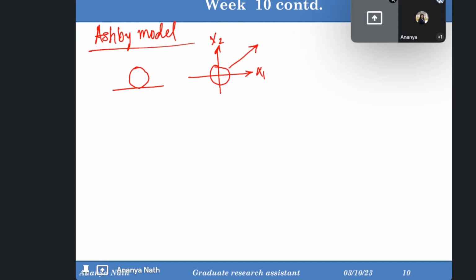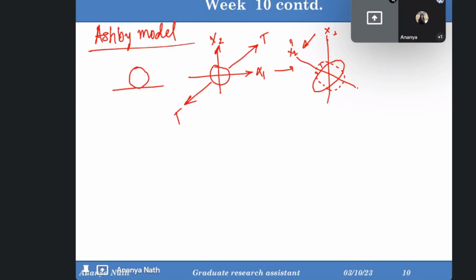Now a force, a tensile force T, has been applied in this direction. Due to this tensile force, the particle which was present inside the matrix now gets elongated like this. Previously it was like this, and now it's like this due to this T load. Its axis is also shifted; now x2 is x2 dash.